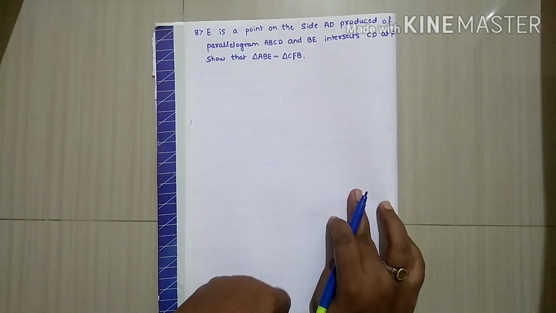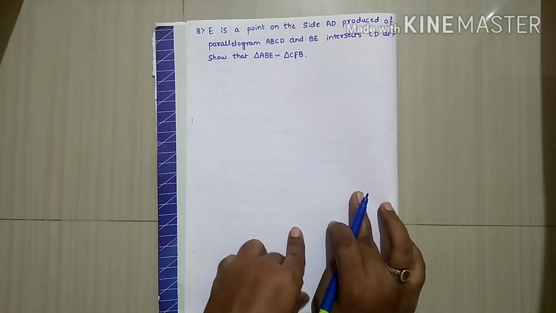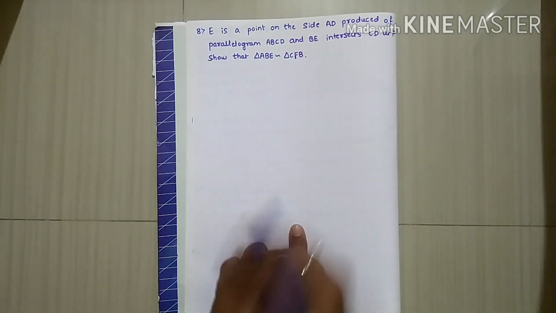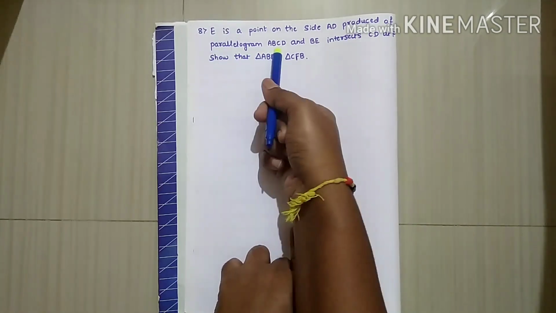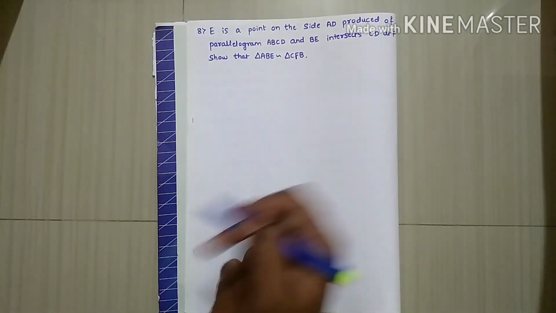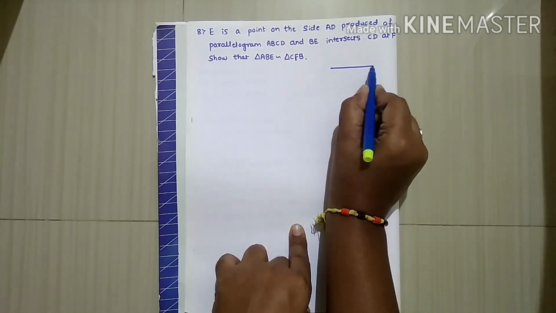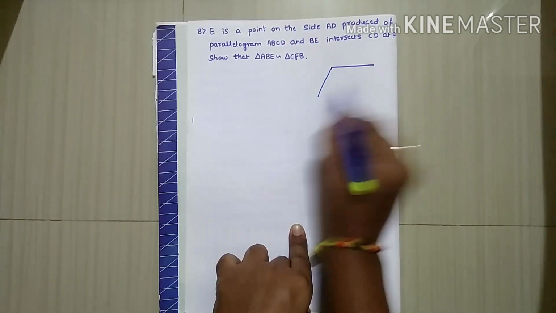They did not give the diagram here. We should draw the diagram first. What diagram do we have to draw here? Parallelogram ABCD we have to draw. Parallelogram means it is a quadrilateral in which opposite sides are parallel.